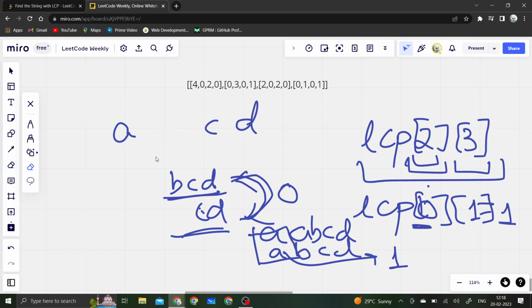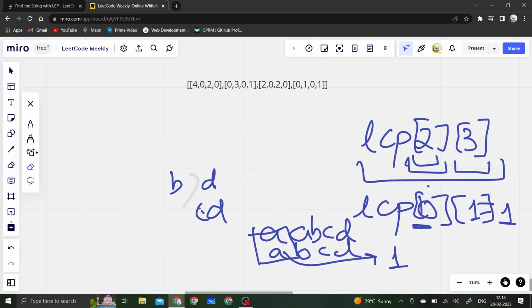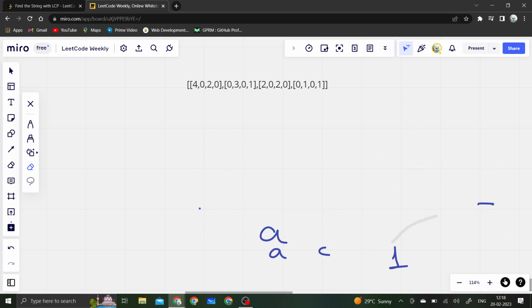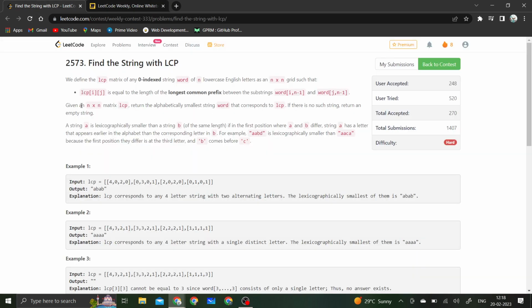Now let's move forward. Okay, now we are given this matrix and we have to return the alphabetically smallest string word that corresponds to this LCP. If there is no such string, we have to return an empty string.